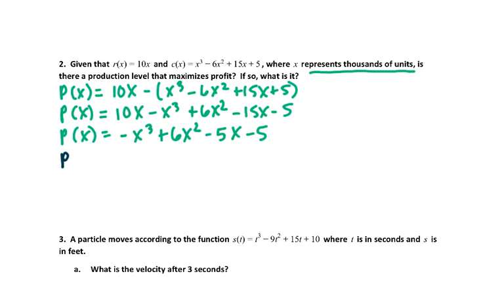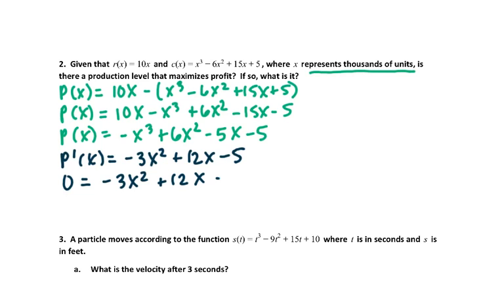We find that first derivative to look for the critical point, so that becomes negative 3x squared plus 12x minus 5. Set it equal to 0. Oh, you see where we're going with this, right? Well, let me give you a hint. Obviously, we would want to try factoring. That's what we always do. This one actually doesn't factor. So if you have a calculator, there's lots of ways you can go about finding this graphically.